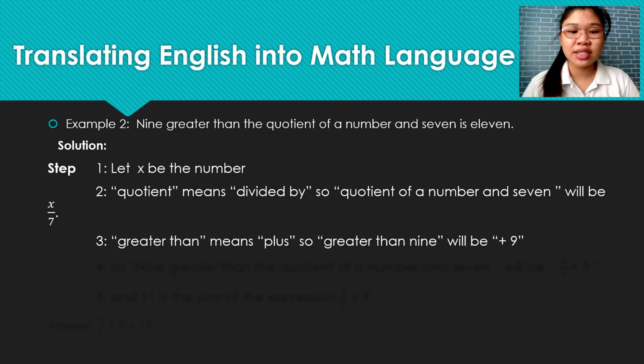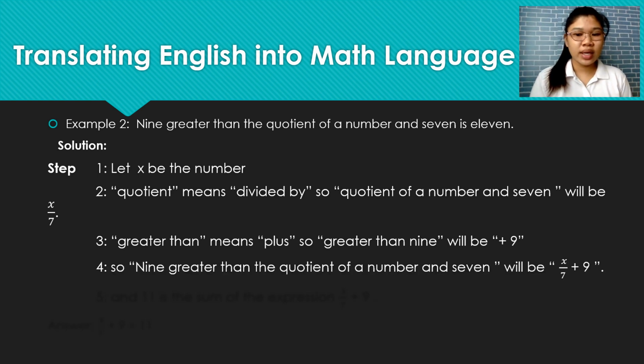Greater than means plus. So in our example, it says greater than 9. In symbols, that will be plus 9. And lastly, 9 greater than the quotient of a number and 7 is equal to x over 7 plus 9.